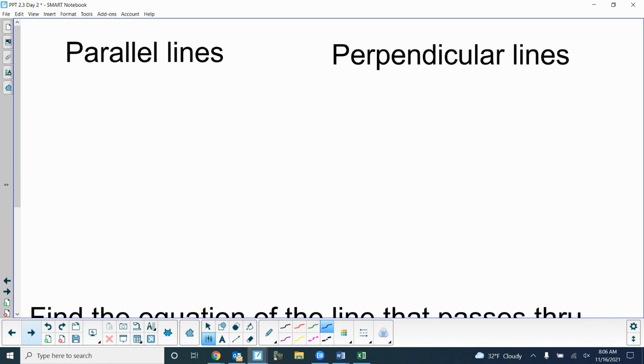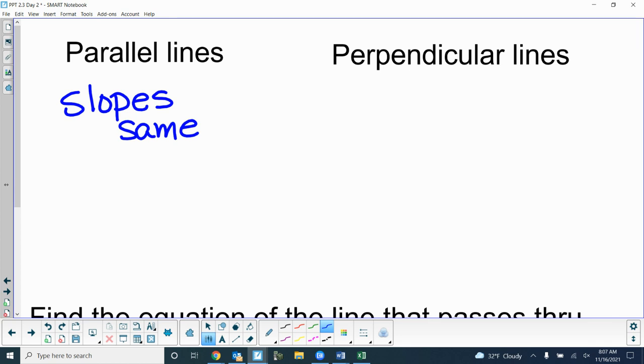What do we know about the slopes of parallel lines? They're the same. So when it's parallel, slopes are the same. What do we know about the slopes of perpendicular lines? Yeah, they're different. How are they different? One's negative, one's positive. What else?